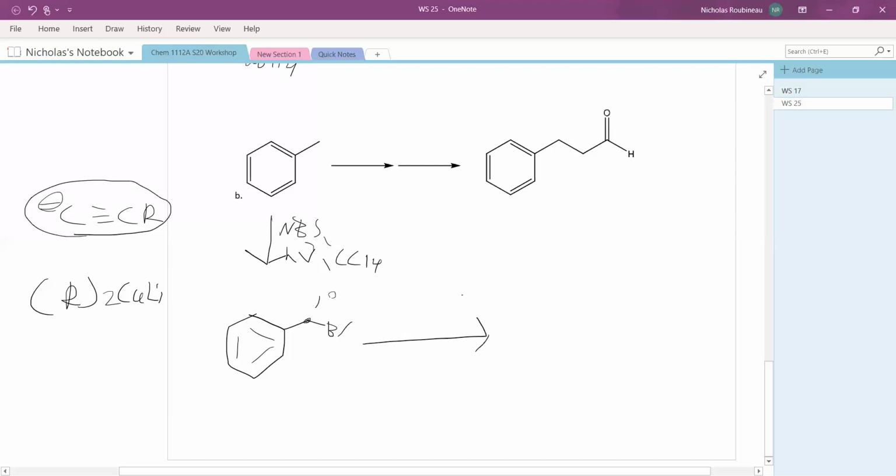we're adding 2 carbons. So the acetylide we're going to be using has a counter ion for the negative charge, and it's just 2 carbons. That reaction in THF.